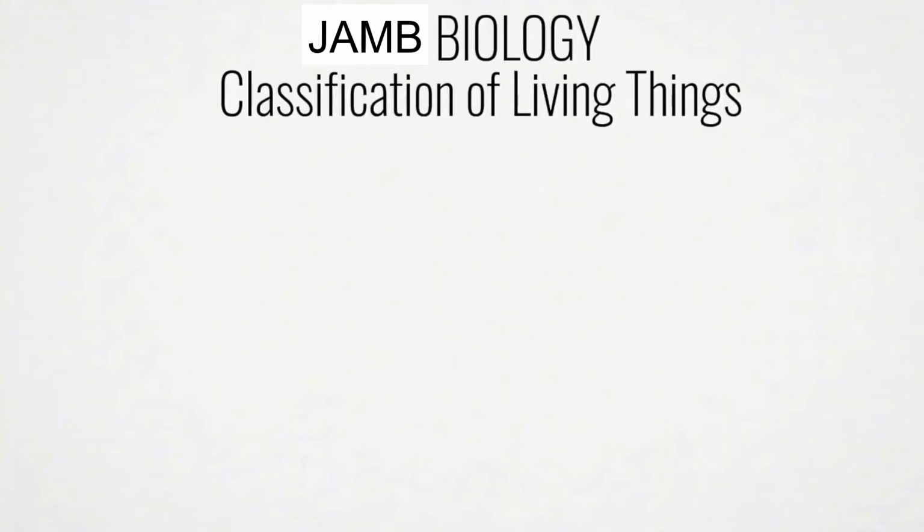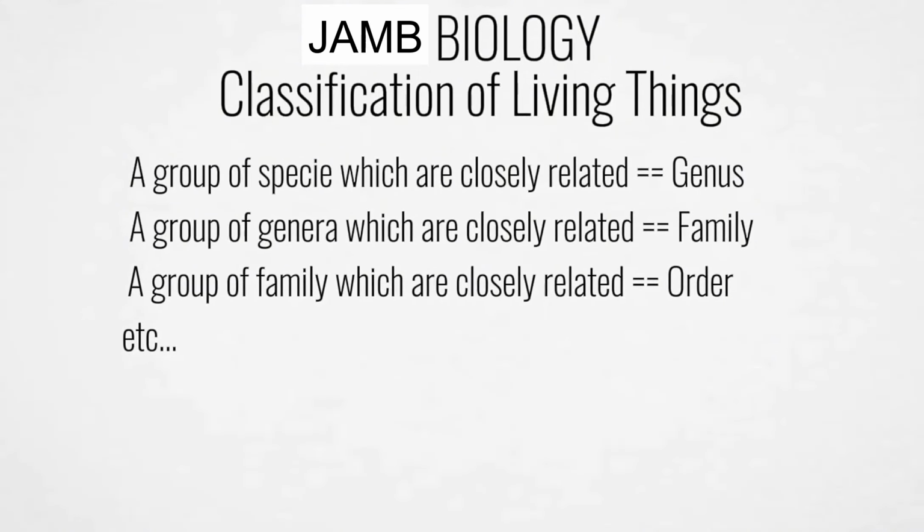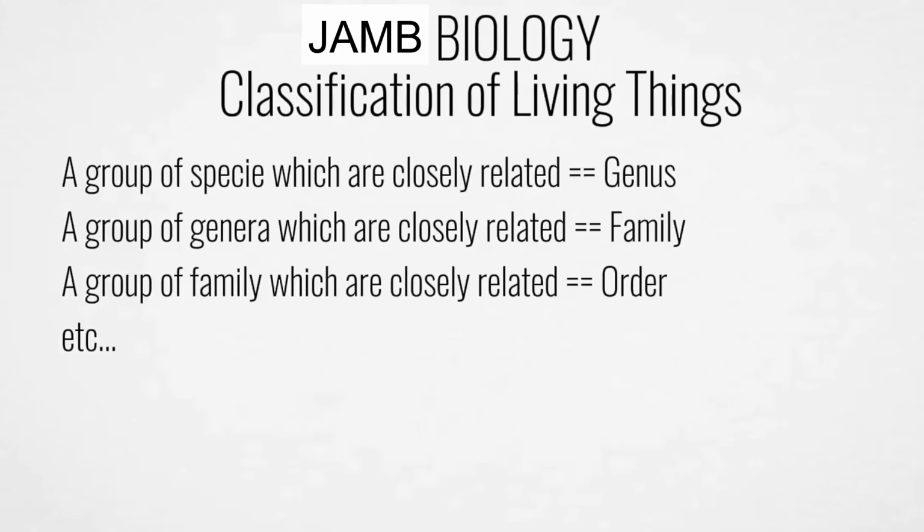A group of closely related species will make a genus, a group of closely related genera will make a family, a group of closely related families will make an order, and it goes that way up to the kingdom.